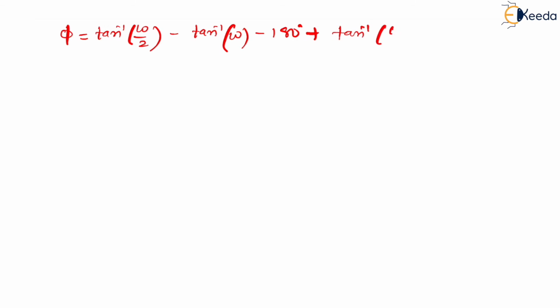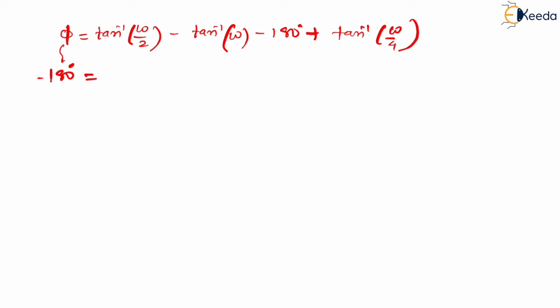So we know that phi is equal to tan inverse of omega by 2 minus tan inverse of omega minus 180 degrees plus tan inverse of omega by 4, right? So let us do that. Let me put phi to be minus 180 degrees and check.